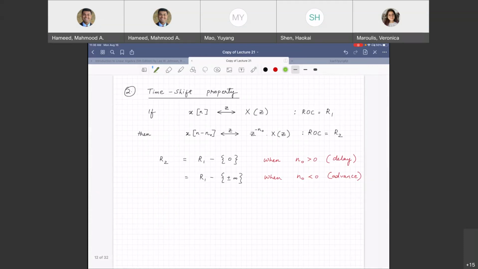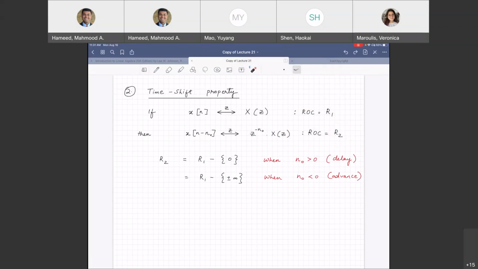Here, time shifting property. What happens to the Z transform when you do a time shift on the discrete sequence? x of n, Z transform is X of z, ROC is R1. When you shift signal x by n0, then you multiply by z to the negative n0 in the z domain.